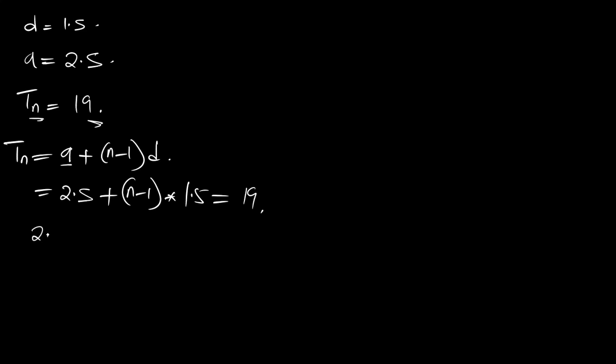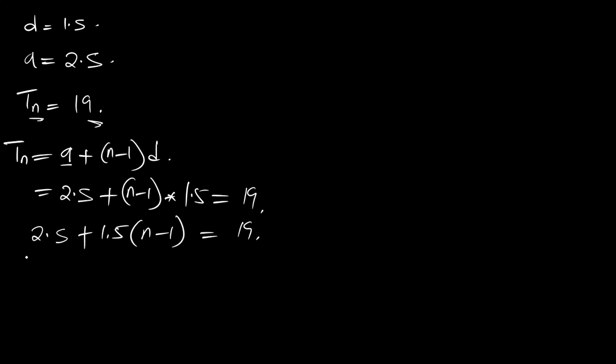So that means 2.5 plus 1.5 times n minus 1 is equal to 19.